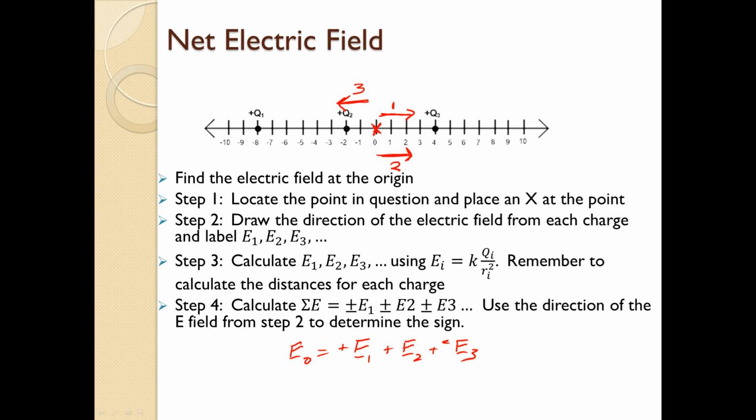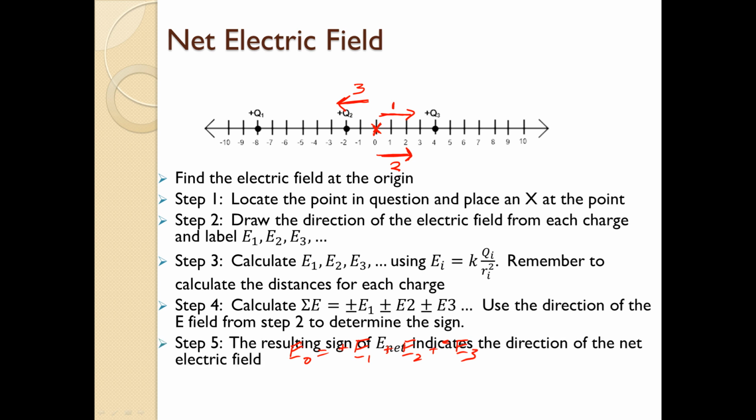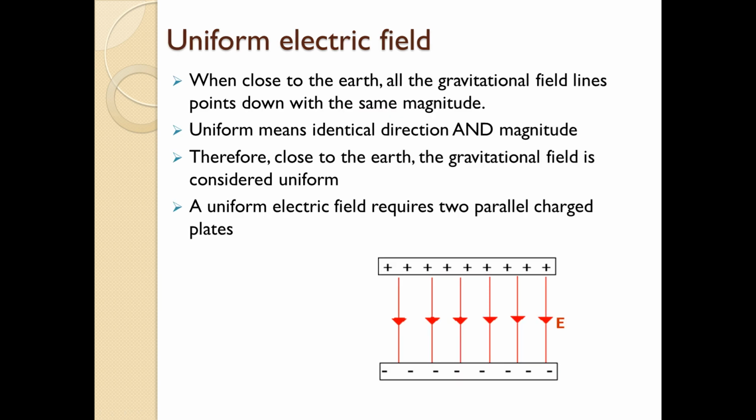And so that's similar to what we did for force. And at the end, the resulting sign, as expected, will indicate the direction of the net electric field. In this picture, as long as 3 is not much bigger than 1 and 2, it will likely point to the right.